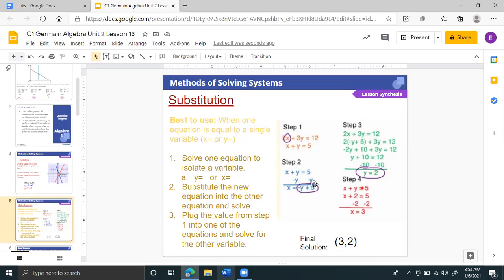So we take this whole piece right here and substitute it in for x in that first equation. Then you do your distribution, combine your like terms, and solve for that variable. The last step is to plug that new value into either one of the equations to find the other variable.